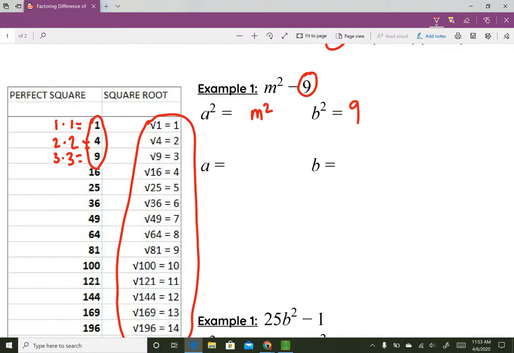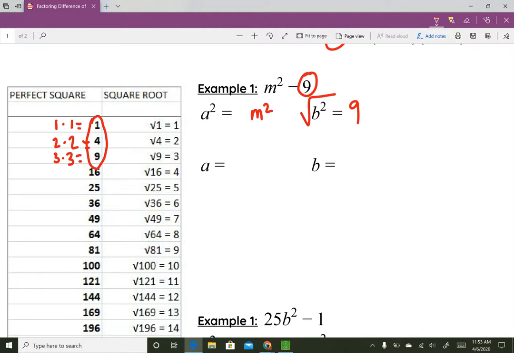Because all that happens is this. If I want to figure out what a and b are, let's start with b squared. How do I get rid of the square right there? You would tell me, all right, you square root both sides. What is the square root of 9? Let's look over here.